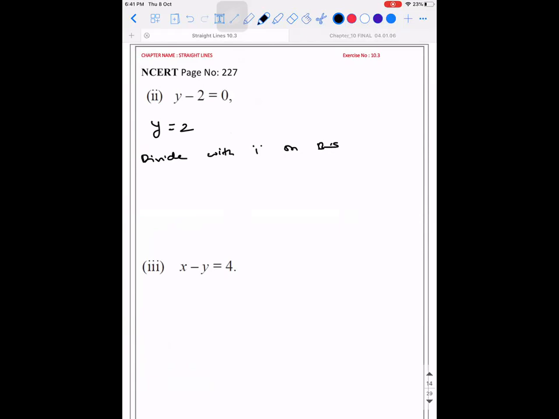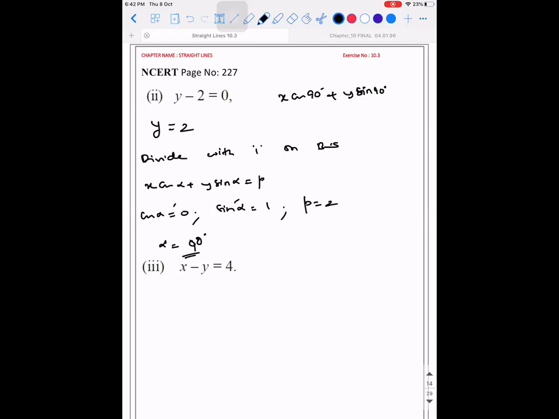So when you divide with 1 on both sides and compare with x cos alpha plus y sin alpha is equal to p, what is cos alpha, guys? 0, and sin alpha is 1. So p will be 2. So cos alpha 0, sin alpha is 1. Alpha is equal to 90 degrees. So what will be the answer? x cos 90 plus y sin 90 is equal to 2.